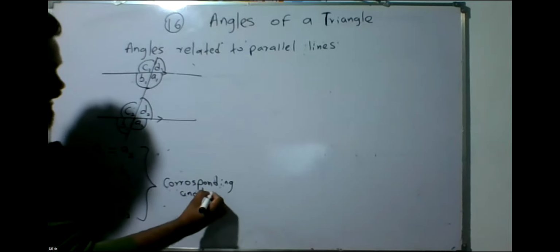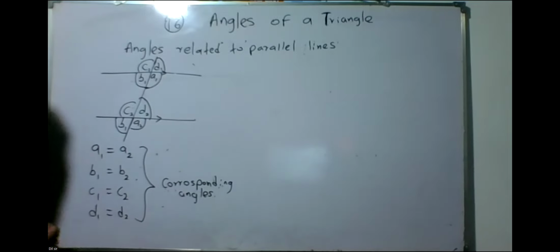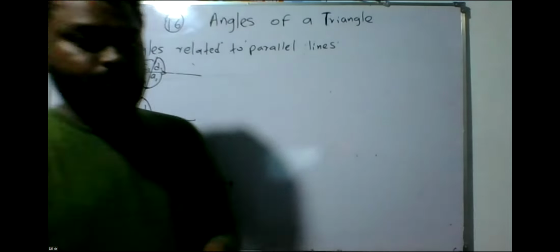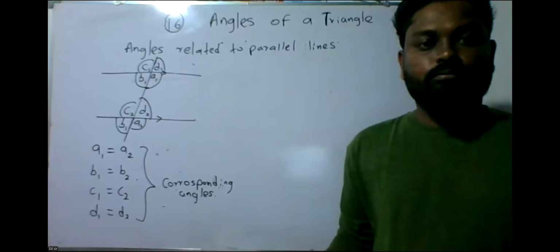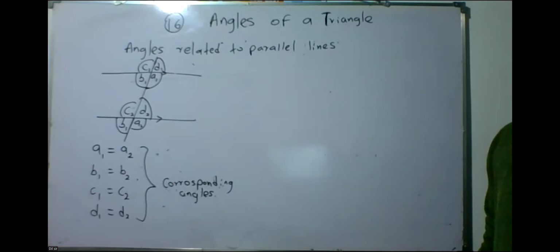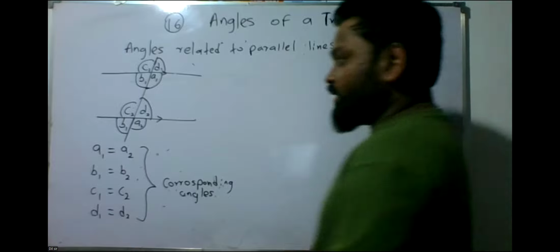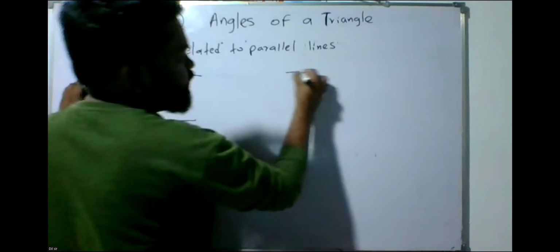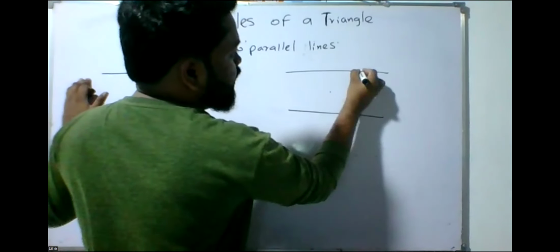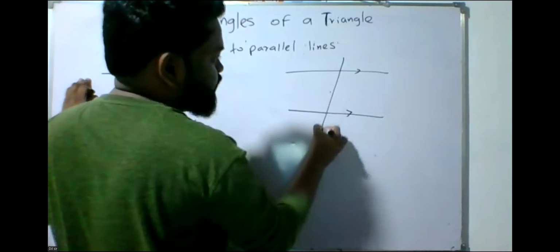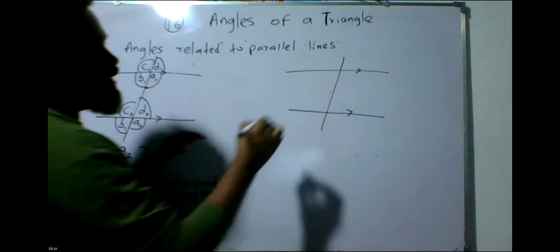This is a revision. Even though it is a big lesson, we already did these things in the first term. Right. What are the corresponding angles, son? Now look at this also. Same two parallel lines, same transversal, Z shape angles.